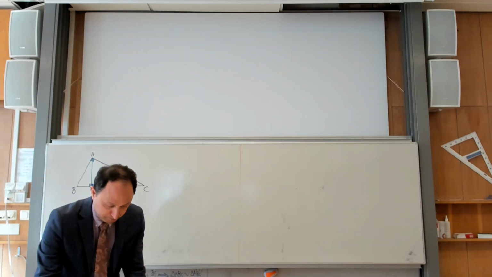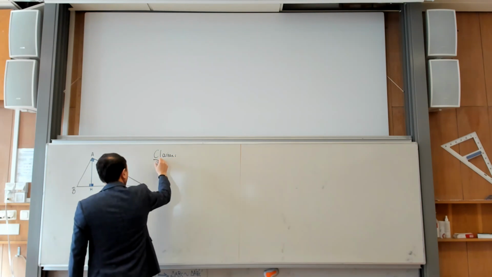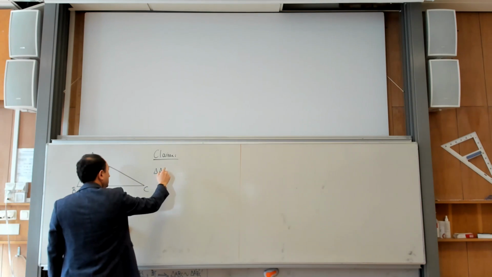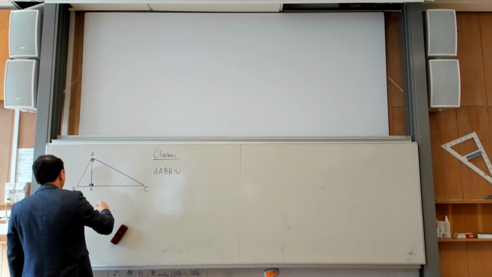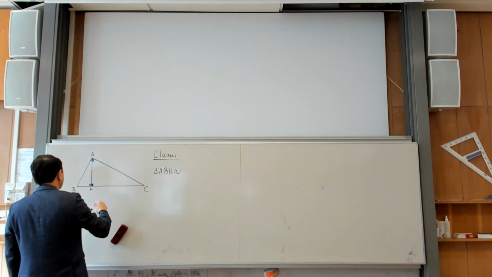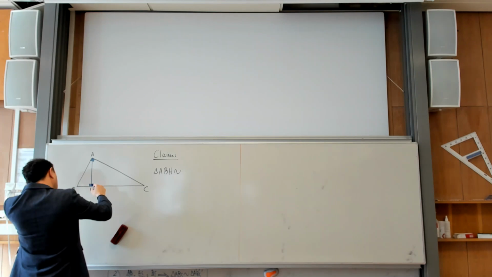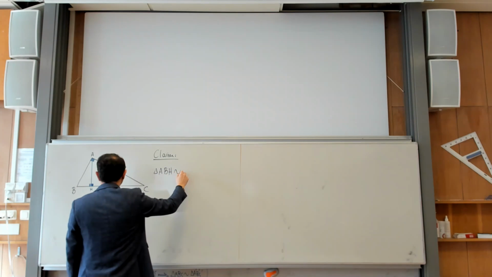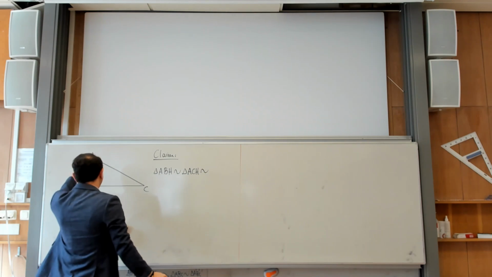So here we claim that this triangle ABH is similar to the triangle ACH, and it is also similar to the triangle that I started with.